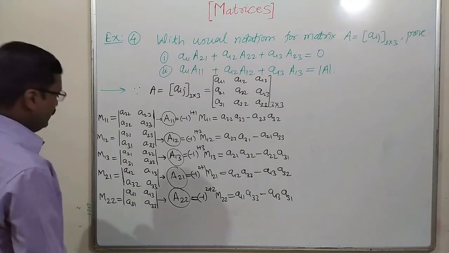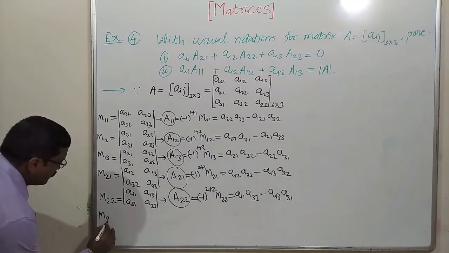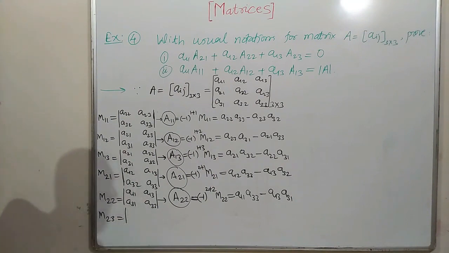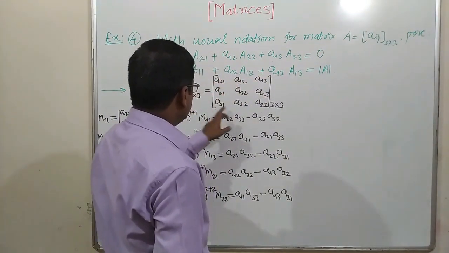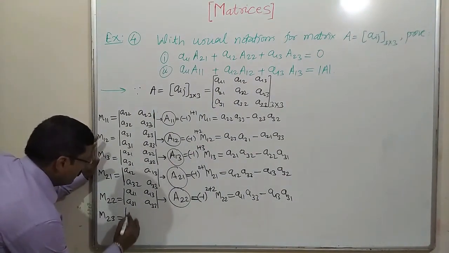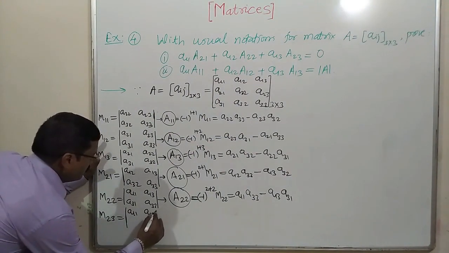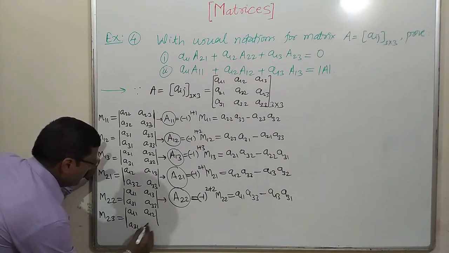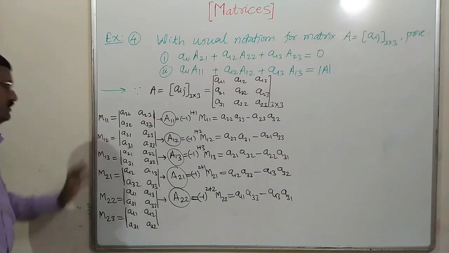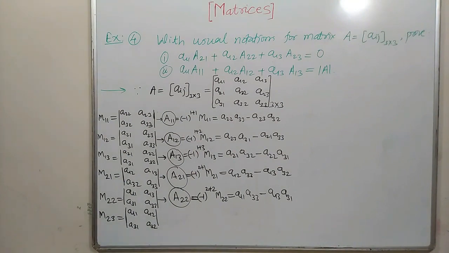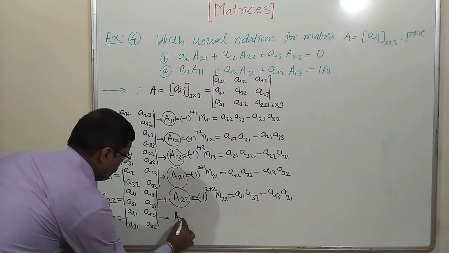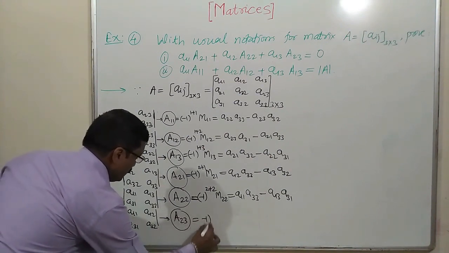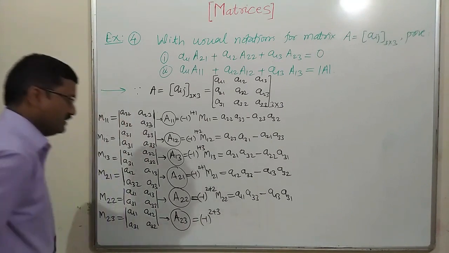Then next A23: the element minor is M23, second row, third column. So a11, a12 and a31, a32. From this, the corresponding cofactor A23 is equal to minus 1 raised to 2 plus 3, which is 5.